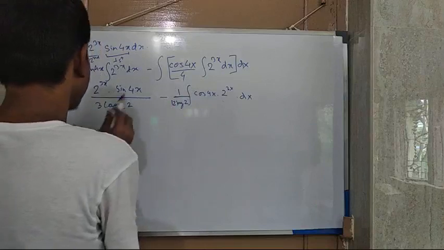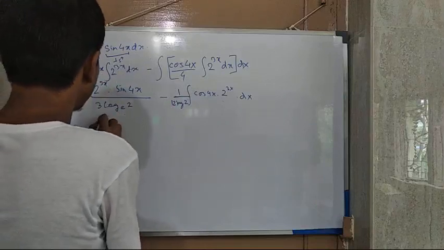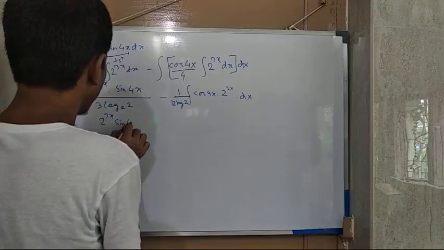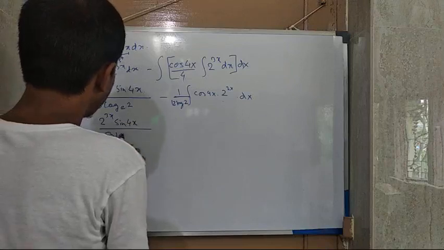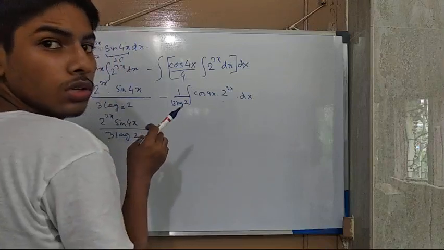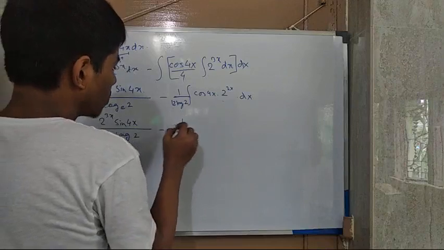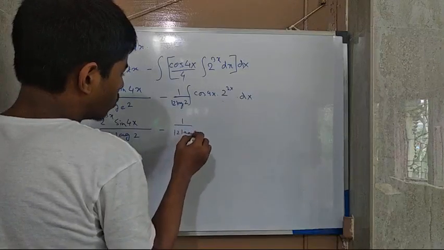So this is 2 to the power 3x sine 4x divided by 3 log 2 minus 1 over 12 log 2.